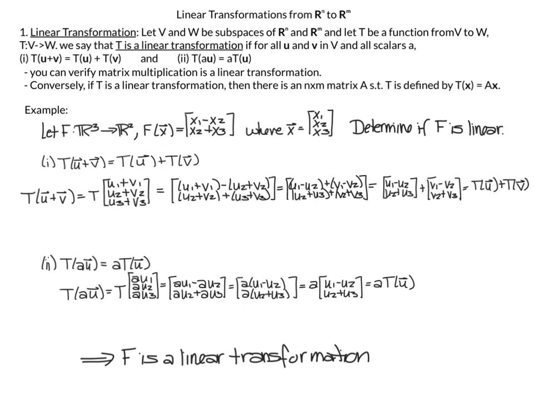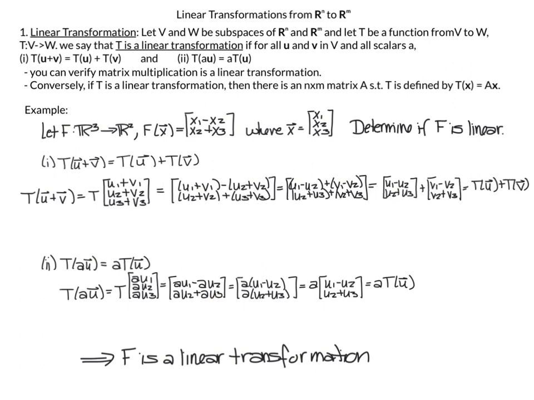Next, I'll check my second condition, which I've rewritten here. So it's taking the transformation of a scalar times u and seeing if it equals this right-hand side. So here I have a scalar a times my vector u. Again, u is a three-dimensional vector, so I have au1, au2, au3. Plugging in the definition of my transformation, I have a times u1 minus a times u2, and a times u2 plus a times u3.